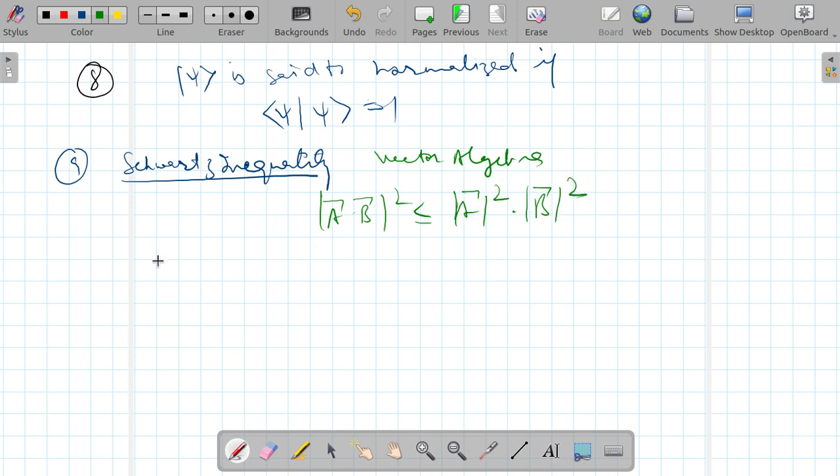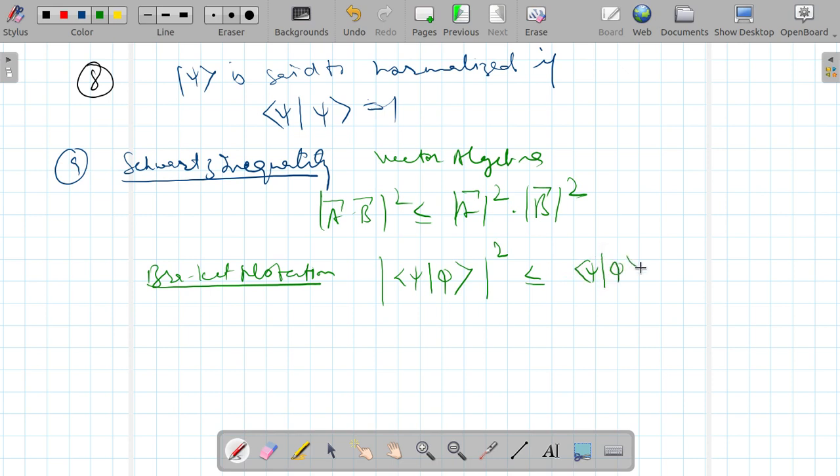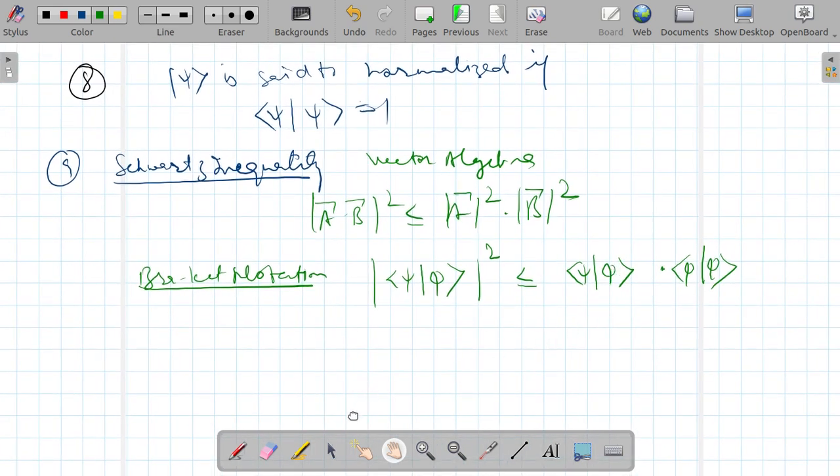So in bracket notation, this can be written as the scalar product of psi and phi, squared, must be less than or equal to the scalar product of psi with psi into phi with phi. Sorry, here it should be psi, right?